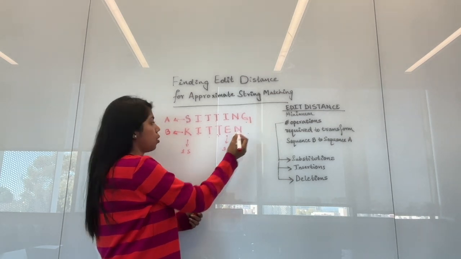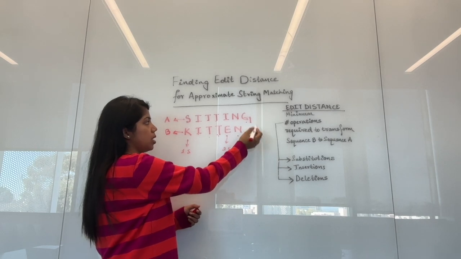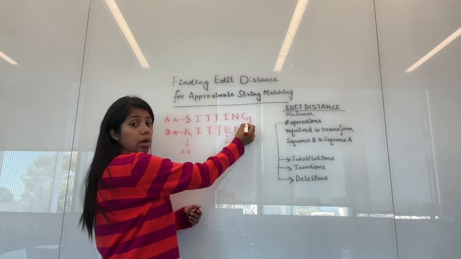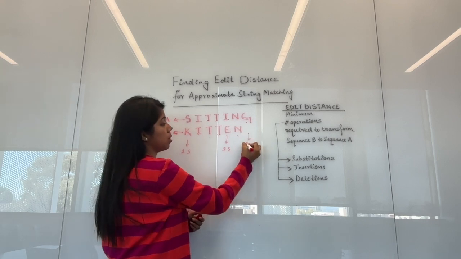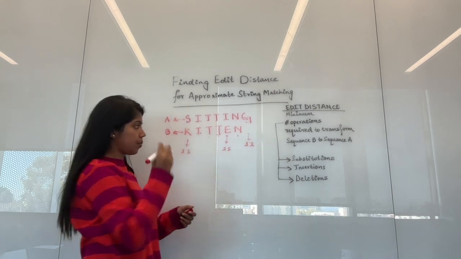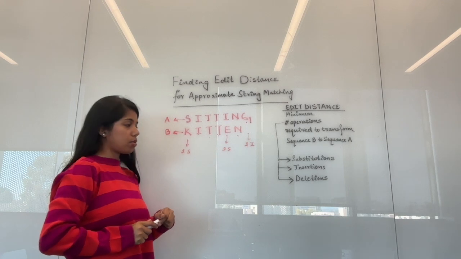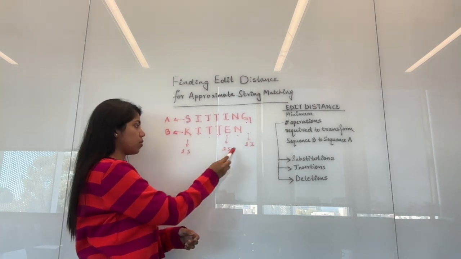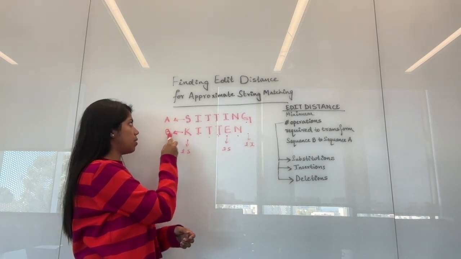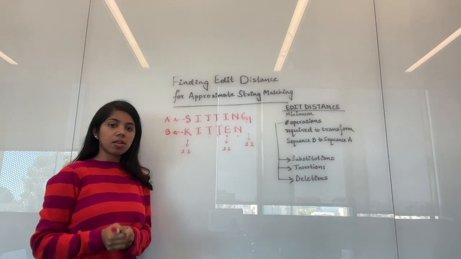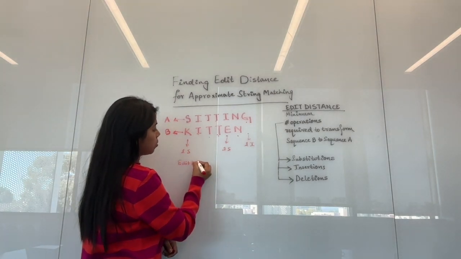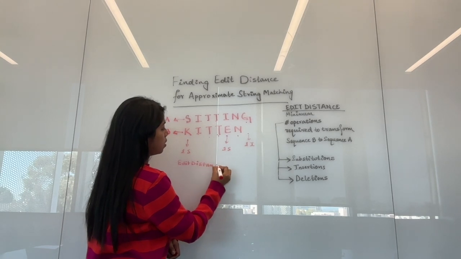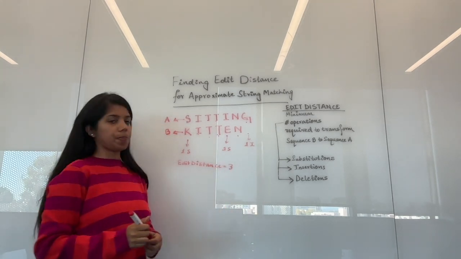That means in order to make sequence B equal to A, we need to insert a character G. That involves one insertion operation. So now what we found is we have to do three different operations to make B the same as A. That means the edit distance between sequence A and sequence B is 3.